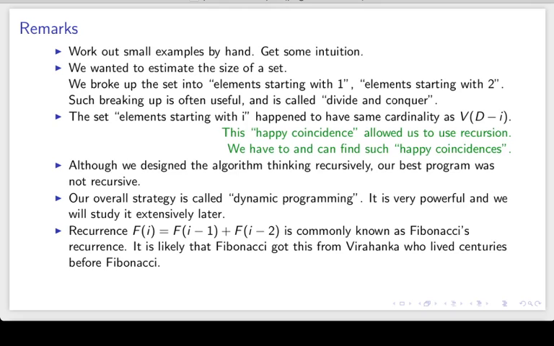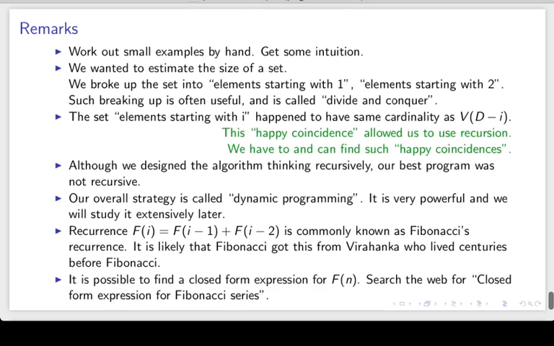And as I said earlier, it is quite likely that Fibonacci got this from Virahanka, who lived centuries before Fibonacci. And it turns out that we can actually get a closed form expression for f of n. So search the web for closed form expression for Fibonacci series, and you will discover some really interesting mathematical facts.